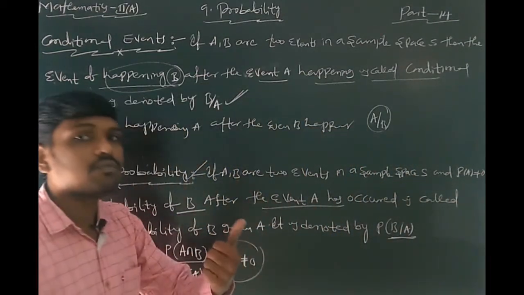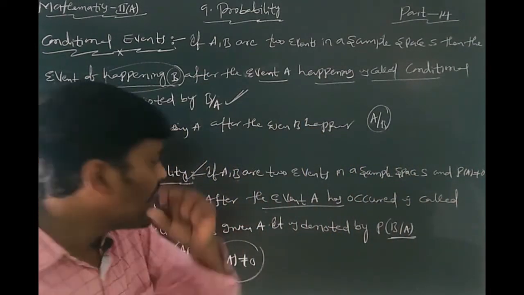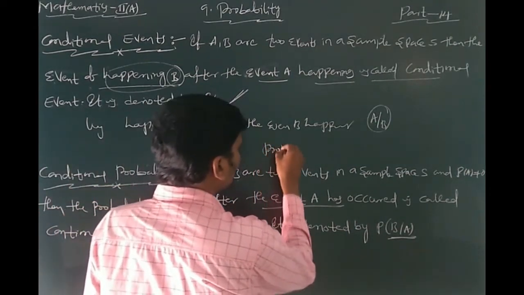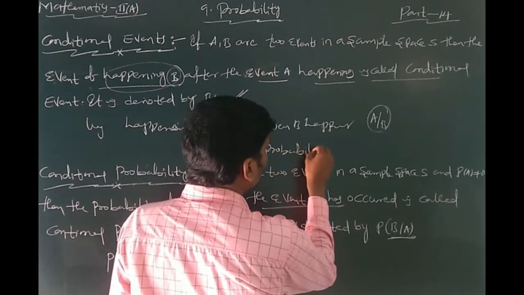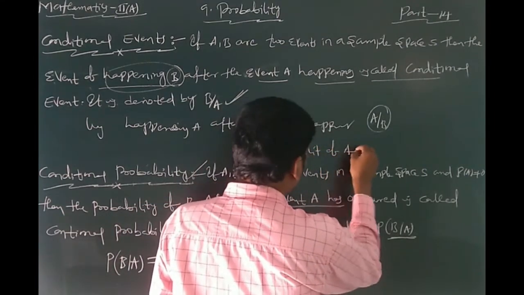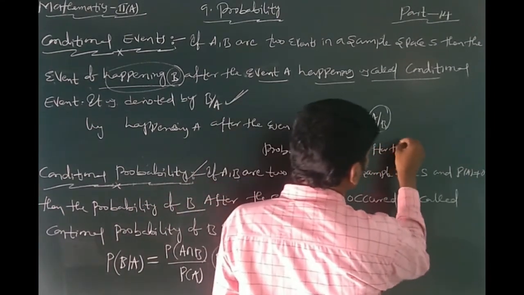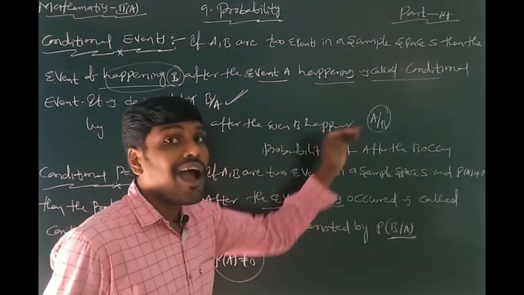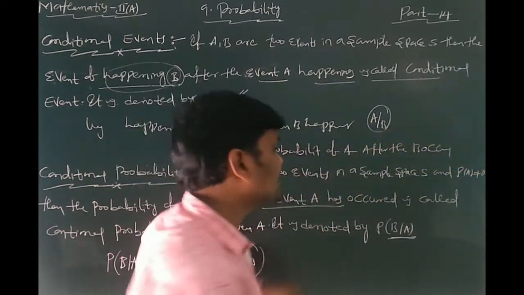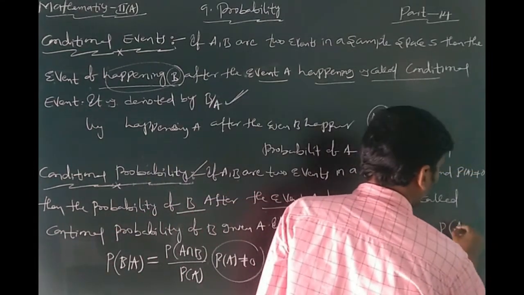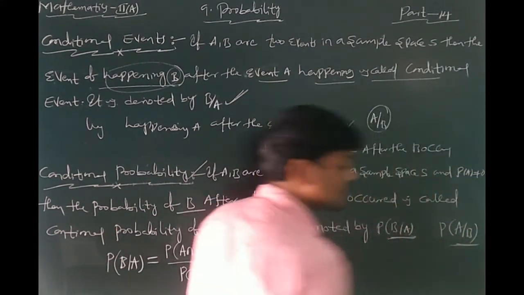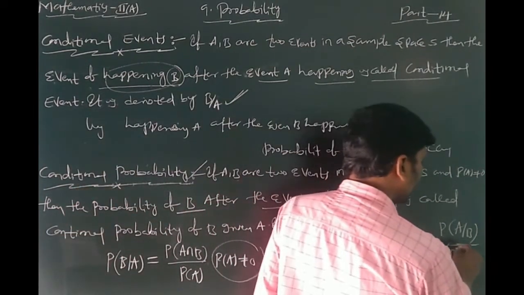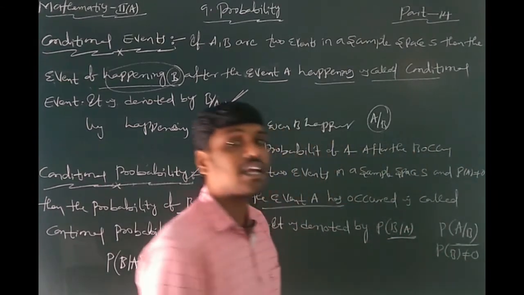The next conditional probability formula is there. What is that? The probability of A after B occurring is denoted by P of A by B, if P of B is not equal to 0.